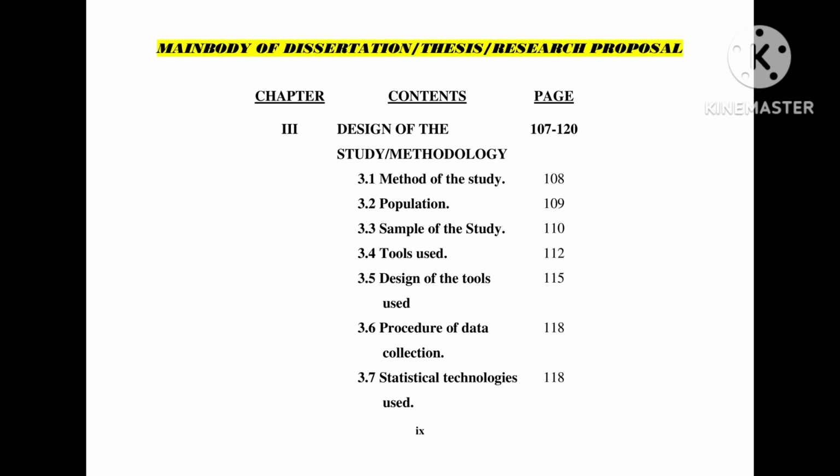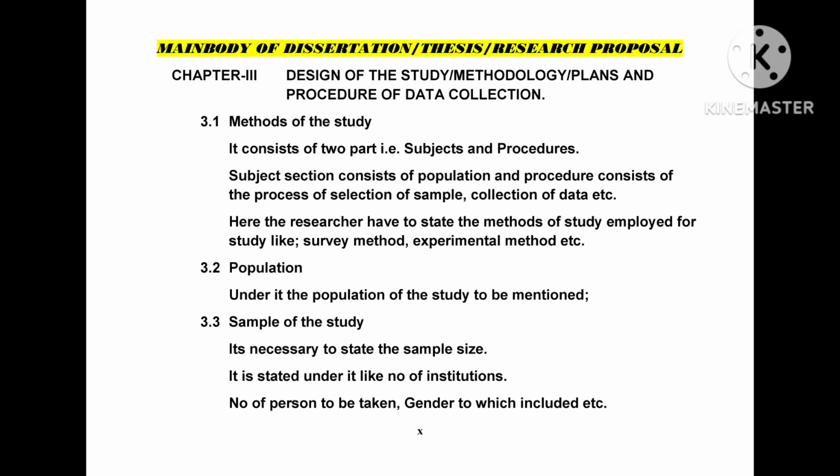Here in chapter 3 we have to state our methods of conducting research, which is most important, without which the research cannot be conducted. So the method of the study and the other points are inevitable here.